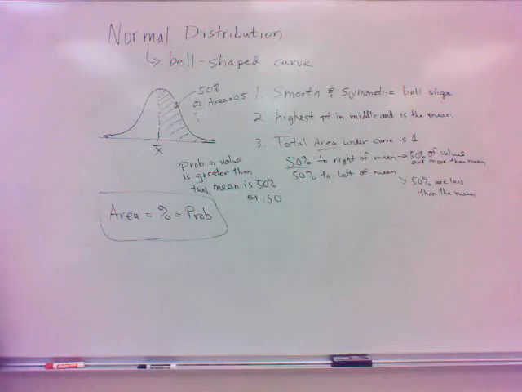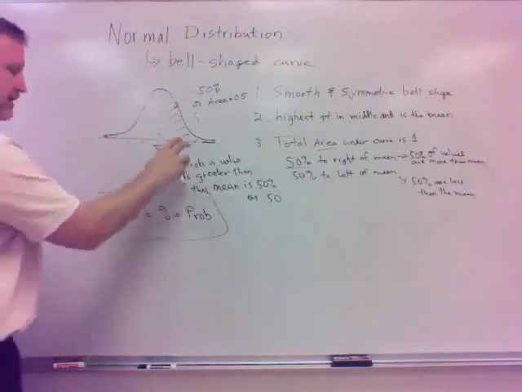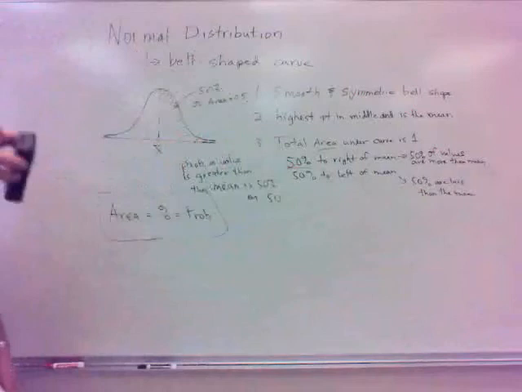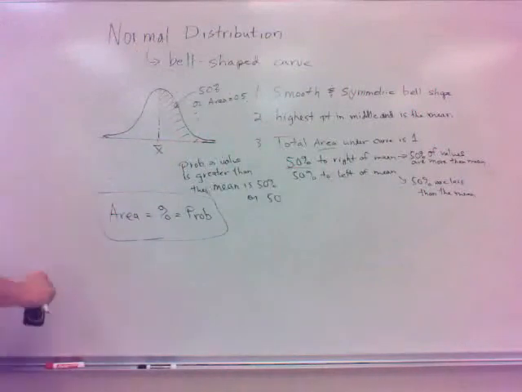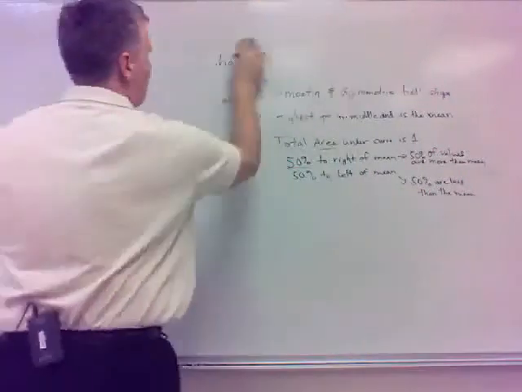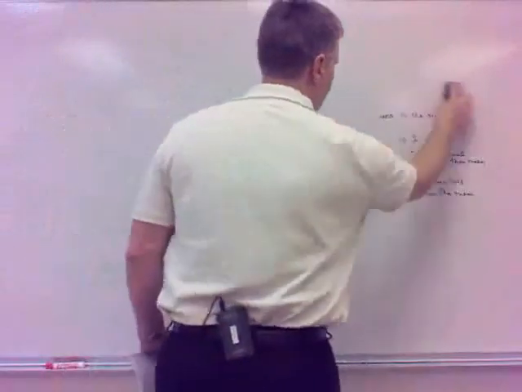If we want to find the probability of something happening for the normal distribution, we want to find the area under the curve. That's going to be the name of the game. What is the area under the curve? Because they're not always going to be to the right of the mean or to the left of the mean. We'll use that some, but that's not what it's always going to work out to be.